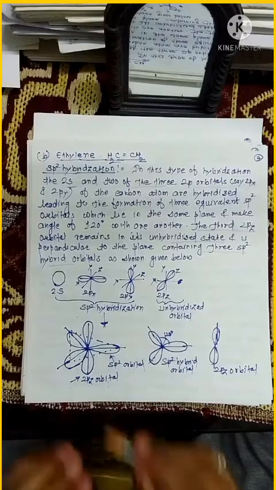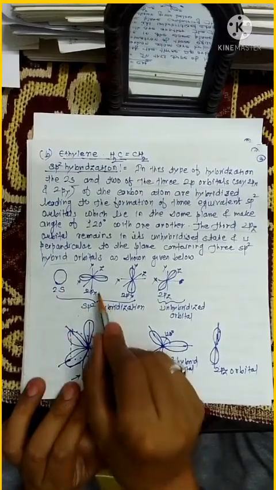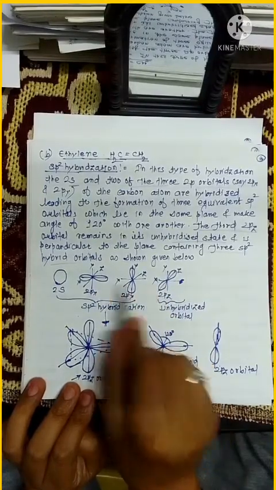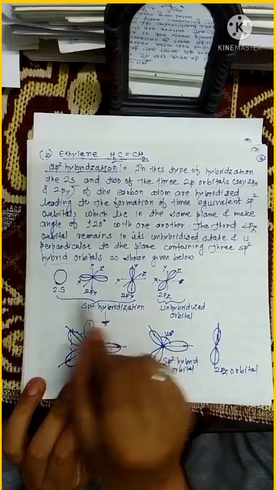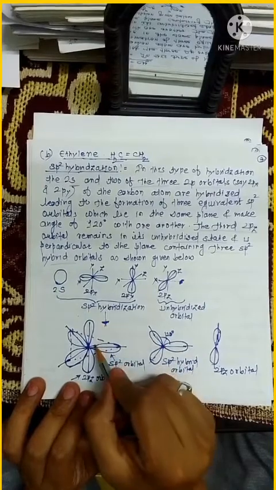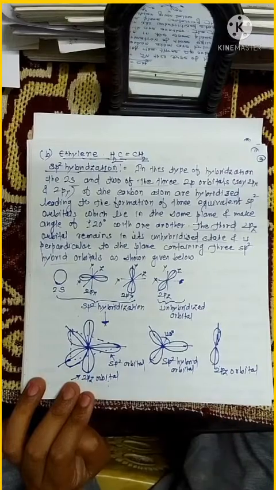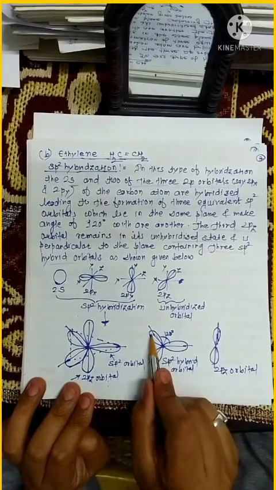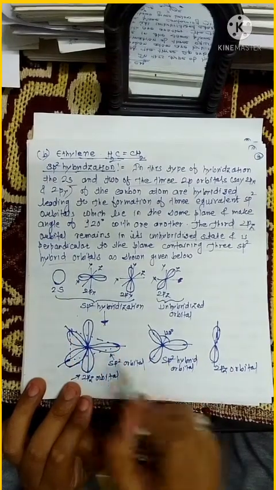So just see, in this case, one 2s orbital and, out of these 3 2p orbitals, your 2px and 2py orbitals with the 2s orbital undergo hybridization, forming 3 hybrid orbitals which lie in one plane.